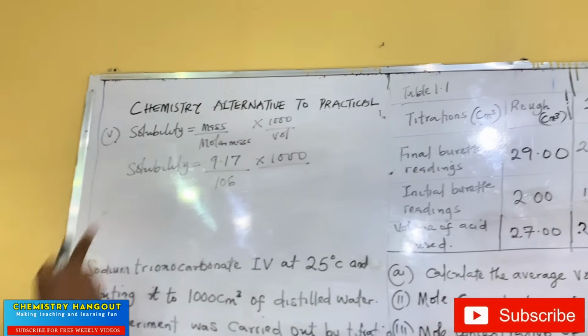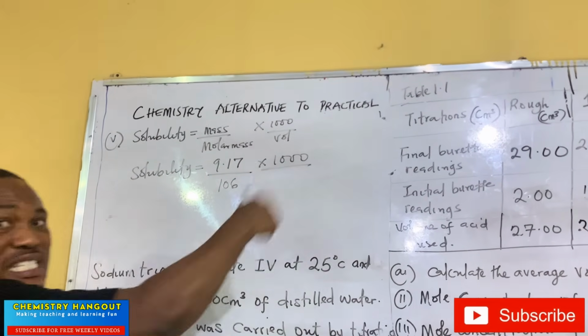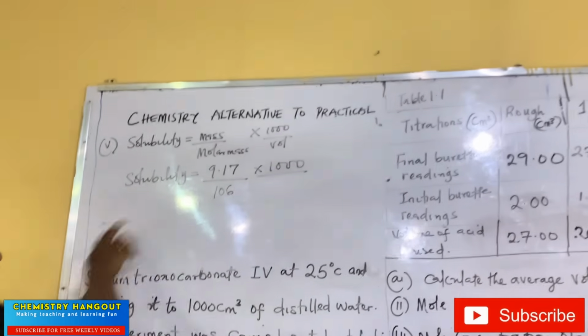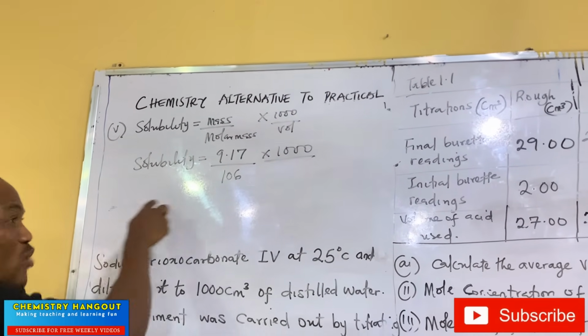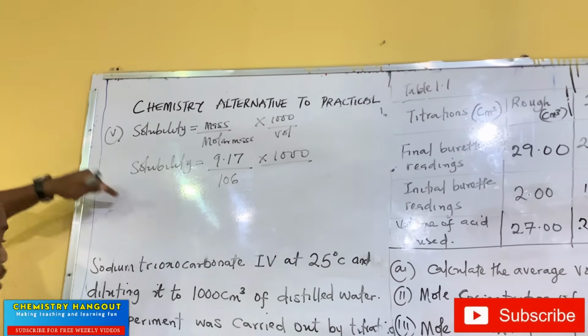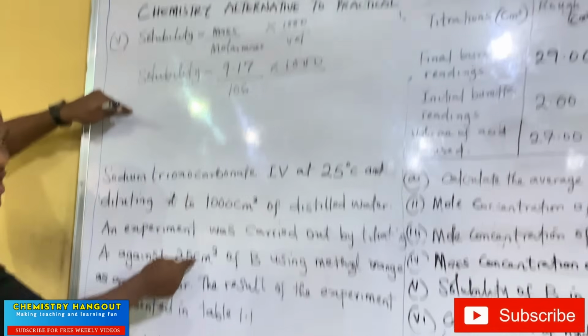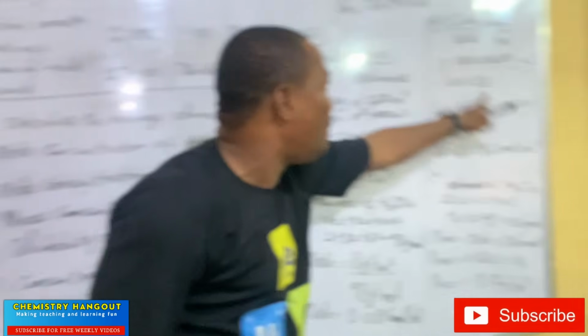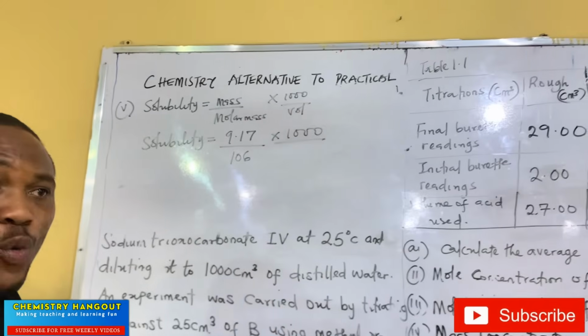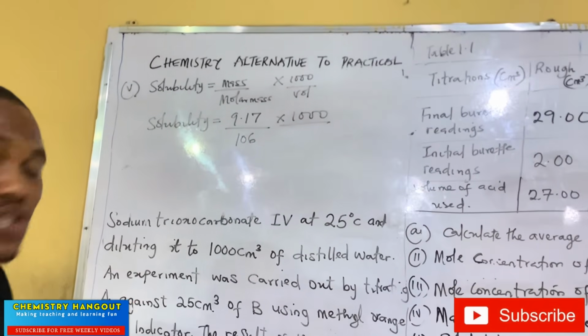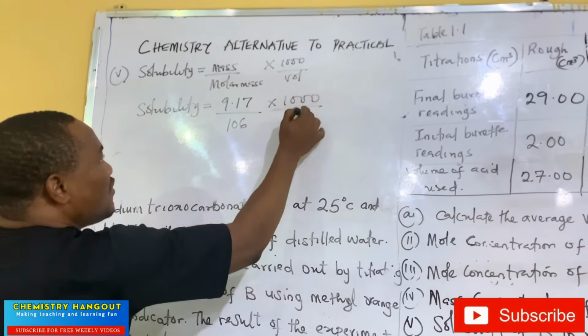If you read the question, they said 25 centimeter cube of B. I've erased it, but if you rewind the video, I wrote 25. That's why I was saying that 25 is different from this 25. This 25 here is the volume of the base that we use. But that other 25 is the volume of B we diluted in 1 dm cube. Is that not? So that will be 25.